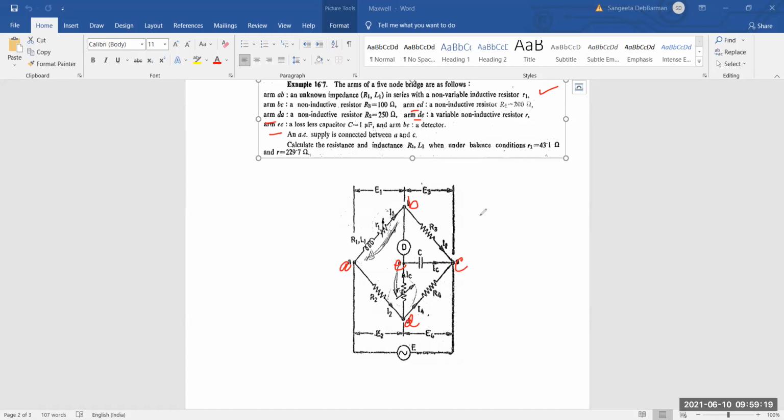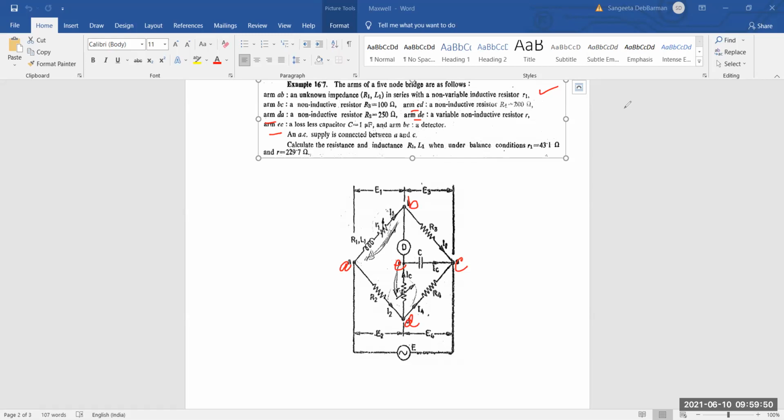They haven't mentioned it here. I'm telling you it's an Anderson bridge. They will not mention it every time, so you have to draw the circuit from the given problem and understand it yourself.